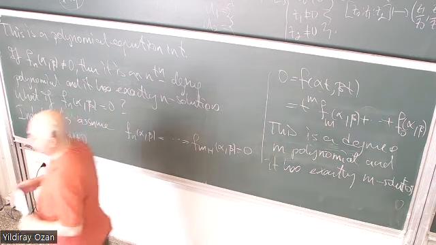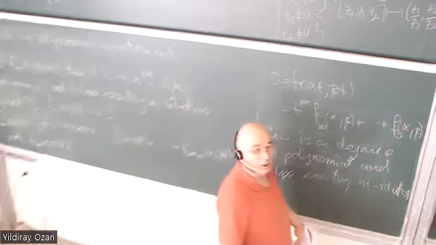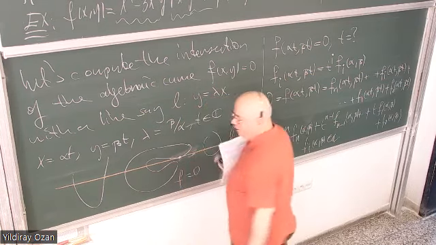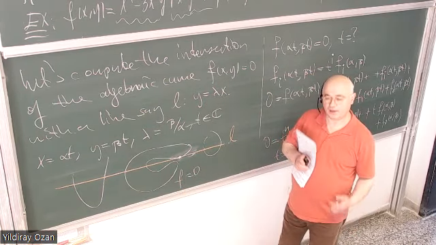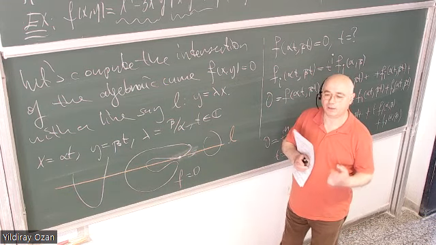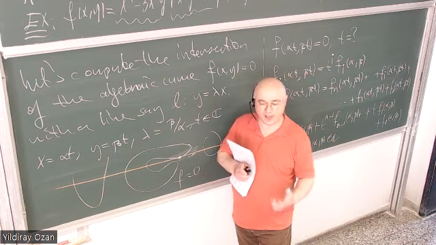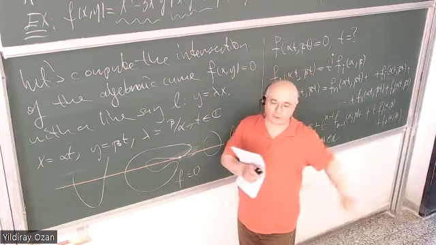If you change the slope of the line, the number of intersections of the line with the curve changes, but that's not good. Then algebra and geometry don't match exactly. If the equation has degree n, every line should intersect it at n points.